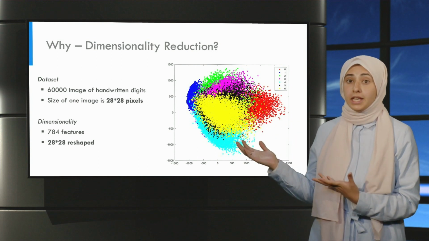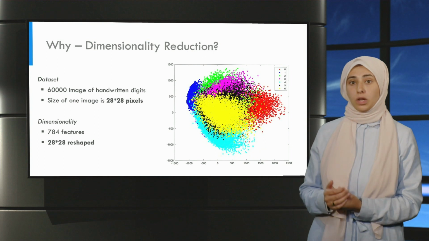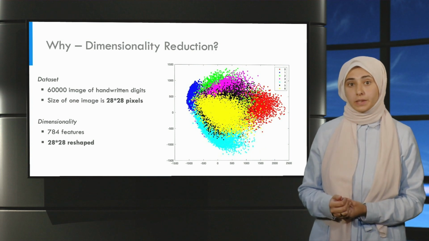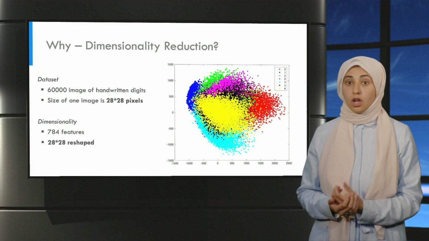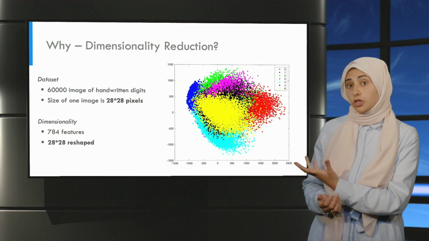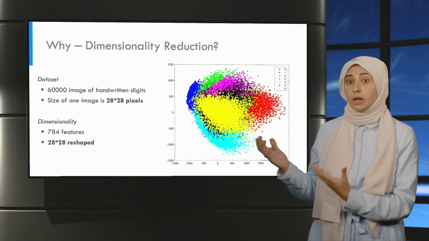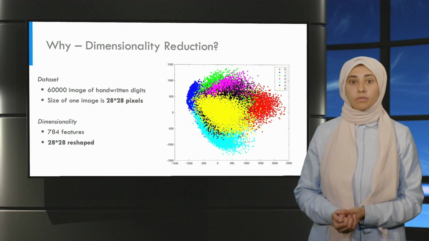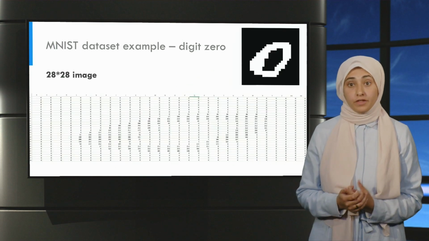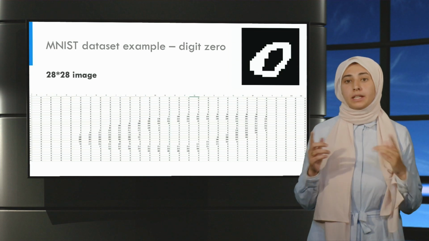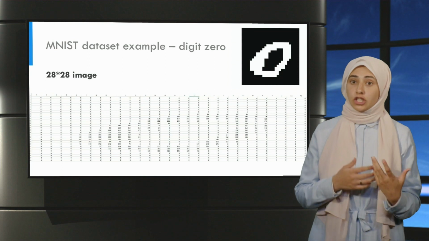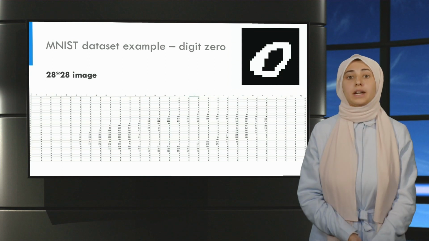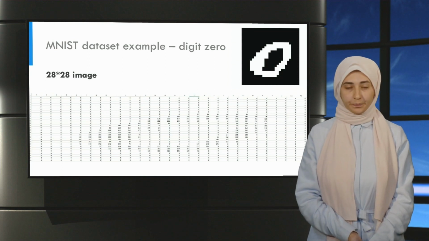The image you see here is the 2D visualization of the dataset points. The digits are colored based on the label of the digits. So all the images of digit 0, for example, are plotted in red. This is an example of digit 0 and how it is represented in a 28 by 28 pixel image, and then it's reshaped to a 1D vector of size 784.